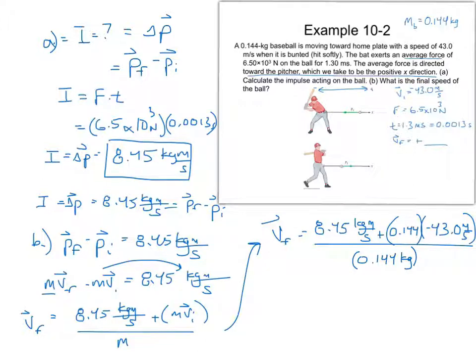Now we should be able to solve for the final velocity, okay? Let's plug everything in and see what we get. 0.144 times negative 43 meters per second, and keep an eye on your signs right here. Signs are going to be very, very important, all right? So that's 8.45.